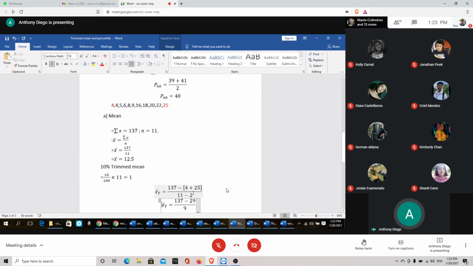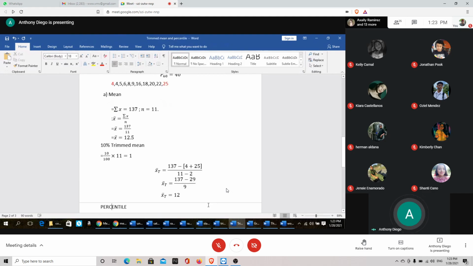So that will be 11 minus 2, which will give you 9. And then from there, we calculate our true mean. And once again, if you notice, our true mean is not too far from the actual mean, because the true mean is 12 and the other one is 12.5, which is the actual mean.